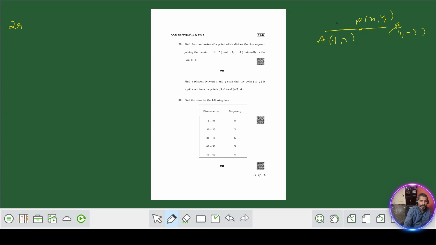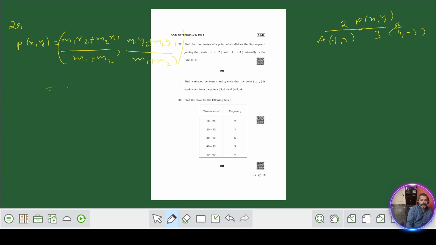Ratio is given as 2:3. Here we have to use the section formula, that is P of x, y is equal to (m1 x2 plus m2 x1) by (m1 plus m2), comma, (m1 y2 plus m2 y1) by (m1 plus m2).